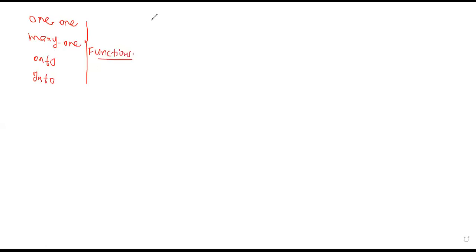Write down: a line parallel to x-axis cuts the curve at most one point.